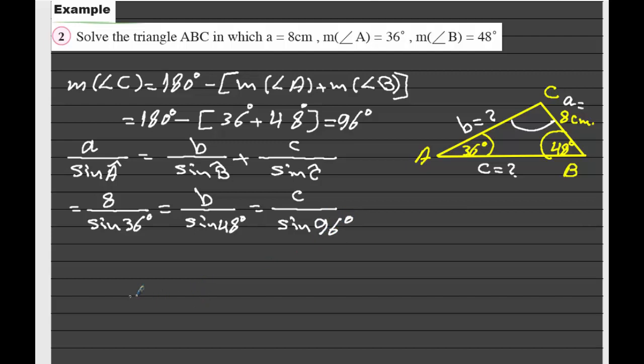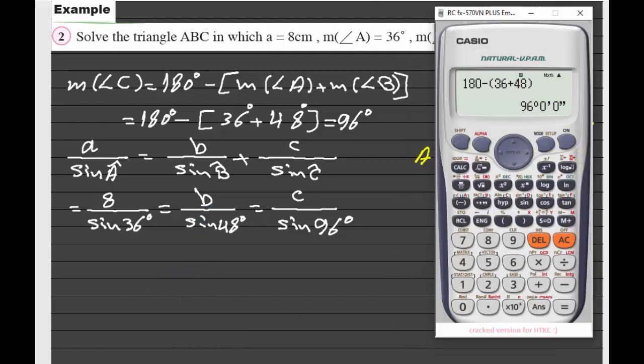Now you can use the calculator directly to calculate B. How? We write the fraction here, 8 over sine 36, close the bracket, equals, alpha calc equals B. I'll denote it by the symbol X. Here another fraction over sine 48.